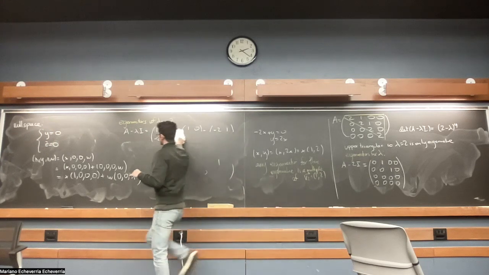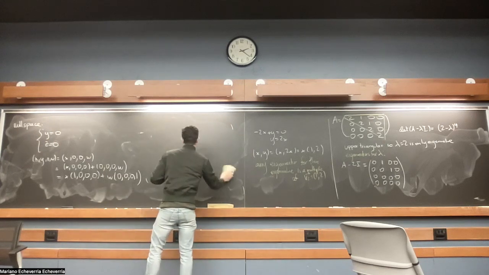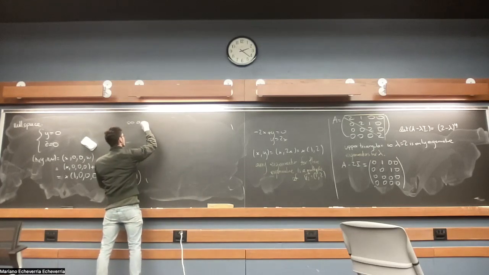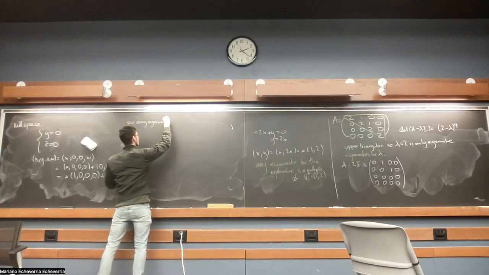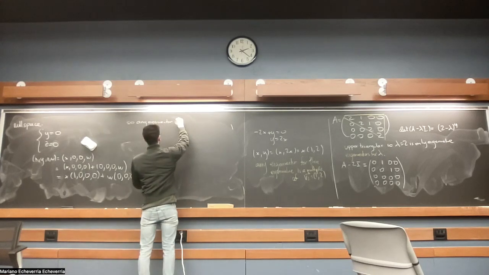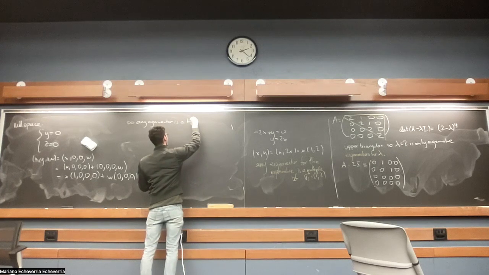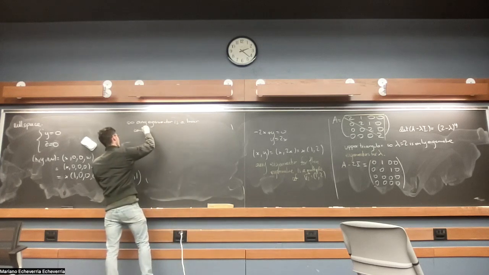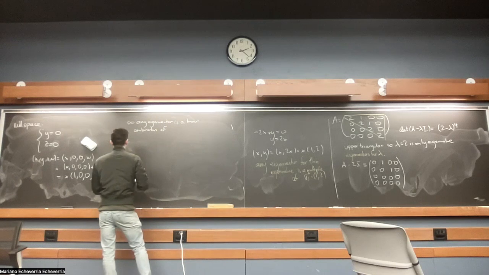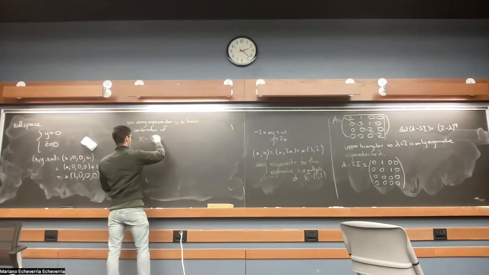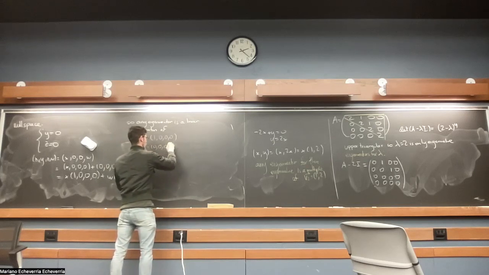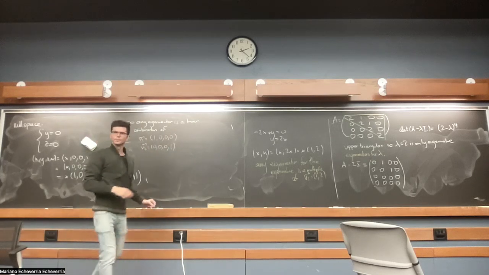So in this case, any eigenvector for this eigenvalue is a linear combination of these 2 eigenvectors, which we call V1 and V2. Is that making sense? So far so good.